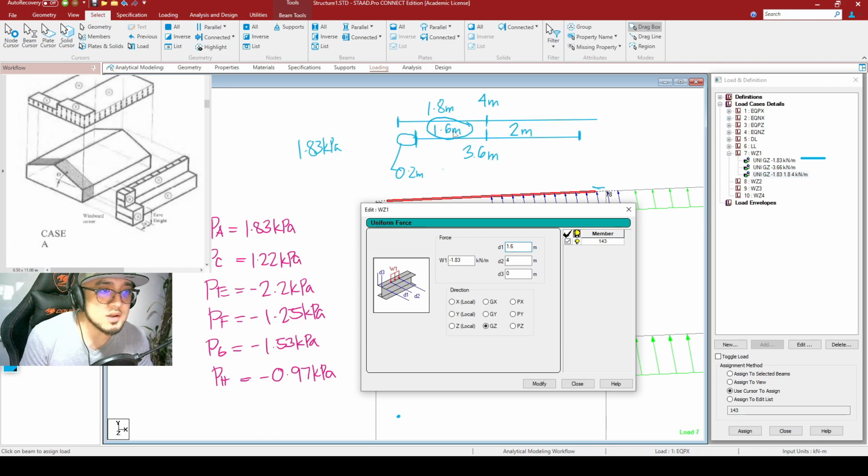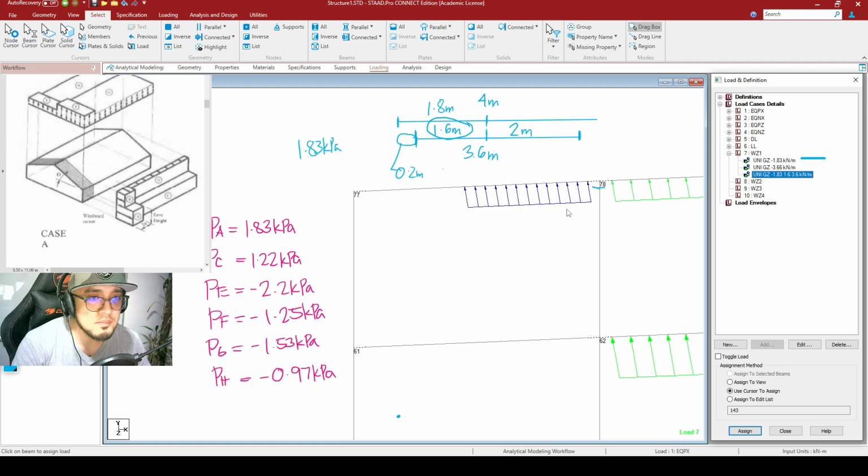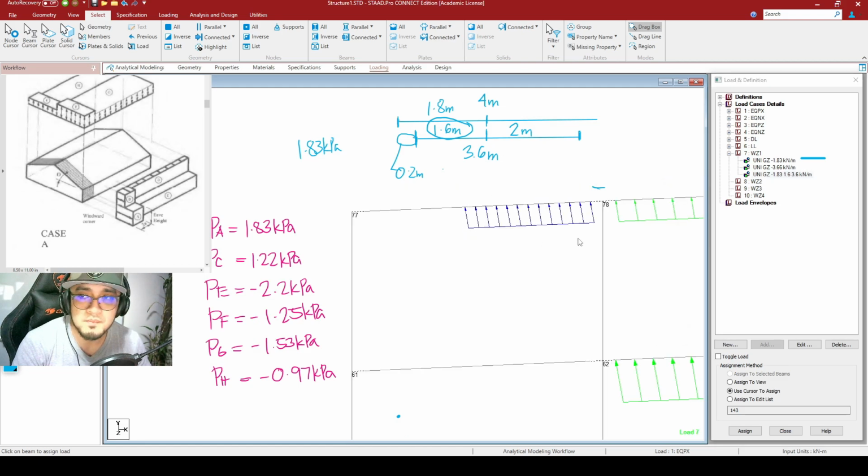So our 1.6 is from this edge of the offsetted beam up until that part. So this is 1.6 and we will be ending at 3.6, or the whole span of the beam. So 3.6, and if I press modify, as you can see, my load is now this one right here.